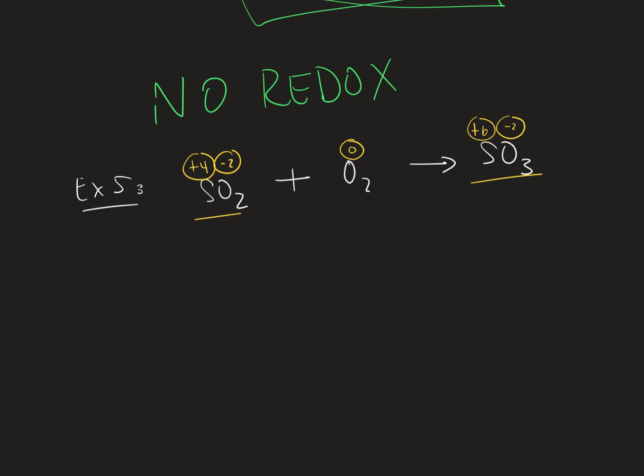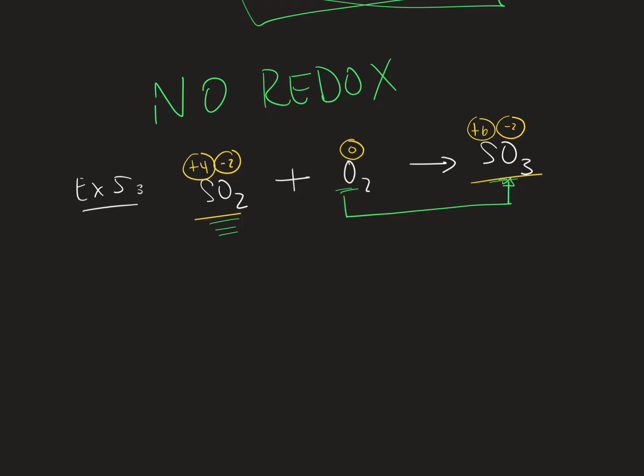All right, which one is reduced? Oxygen goes from 0 to -2. What about that oxygen? It doesn't change. But that's not what we're interested in. What does change? Okay? So this oxygen goes from 0 to -2.